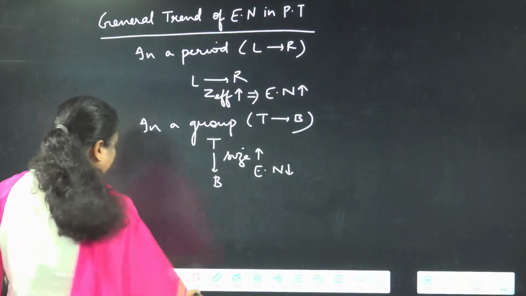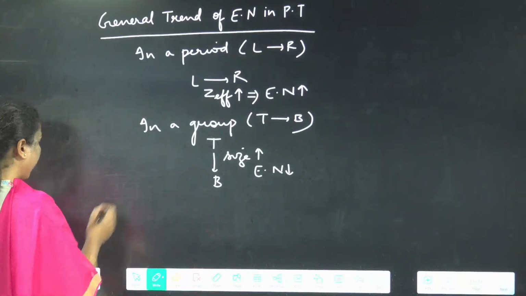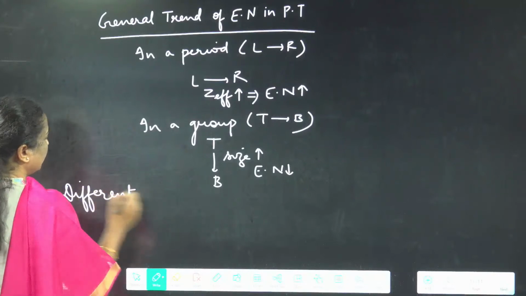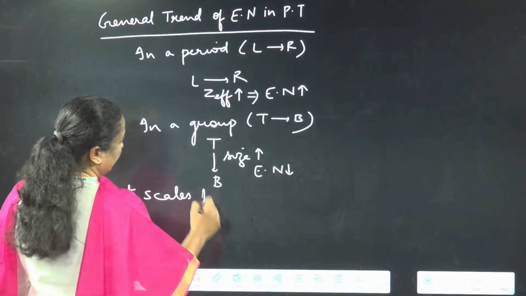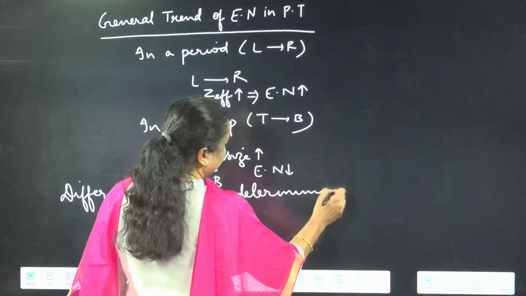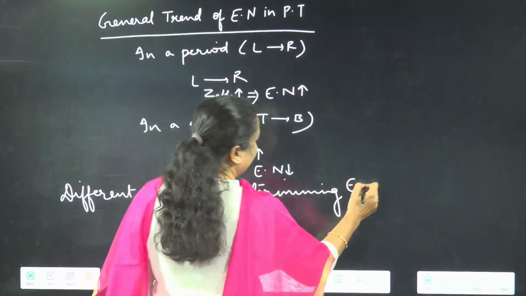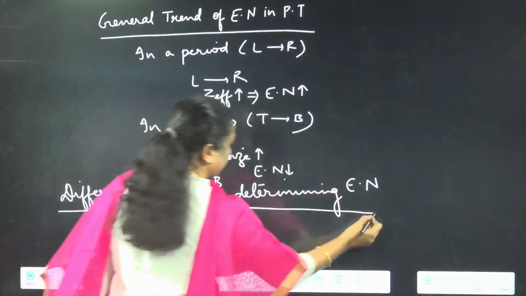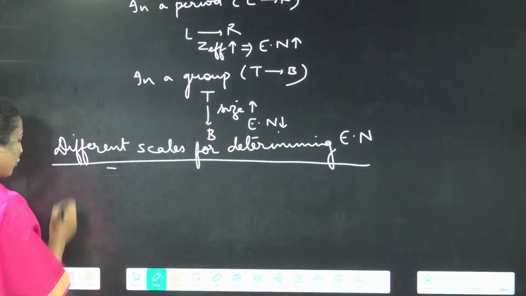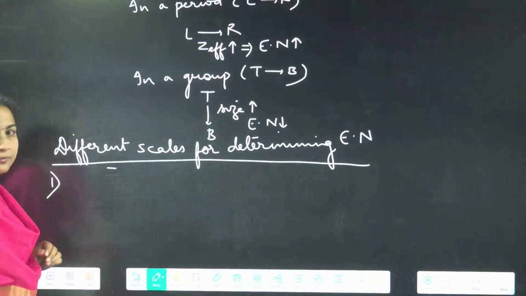Before we proceed even further into more trends, I'm just going to write down different scales for determining electronegativity. Basically, as such, you just have to remember the values. You don't have to go for any fancy thing there, right?